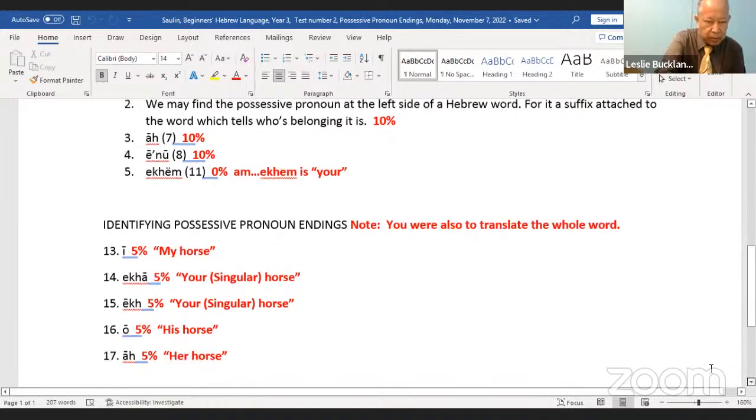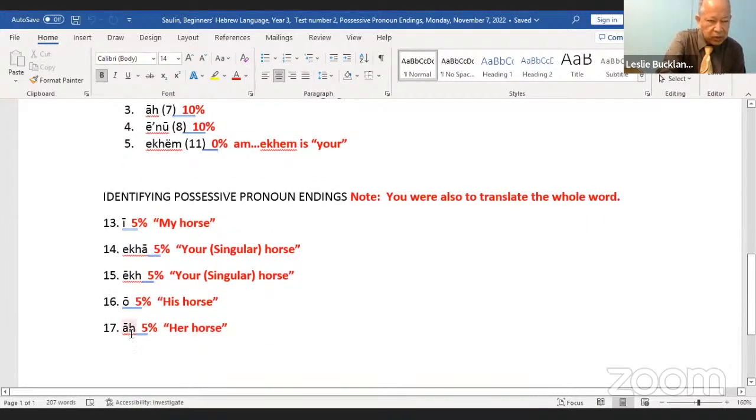And in number 17, the kames he ending, which has a mapik or a dot in the he, is the possessive pronoun ending, and you would have translated Susa, S-U-S-A-H, with the dot in the H, as her horse. So identifying the possessive pronoun endings was worth half of the percentage points.